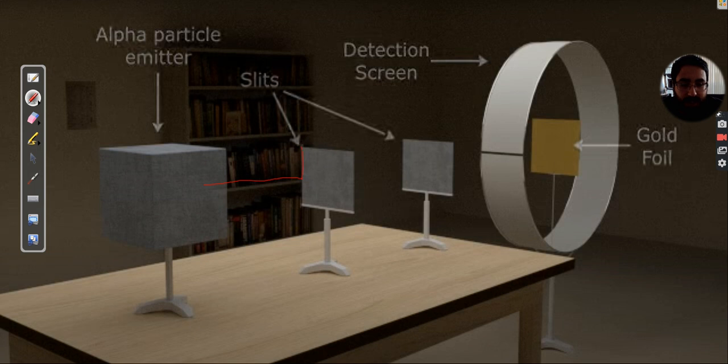It's supposed to hit this sheet, which acts as a filter. It blocks off some of that radiation, so a little bit less can go through, and the rest comes out through here, and then finally goes through the gold foil.